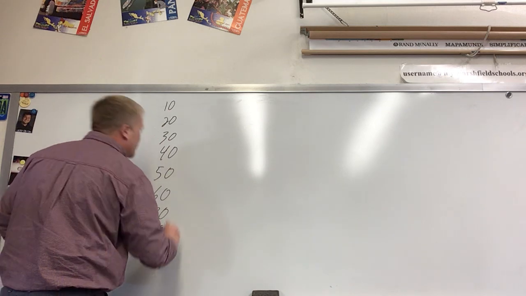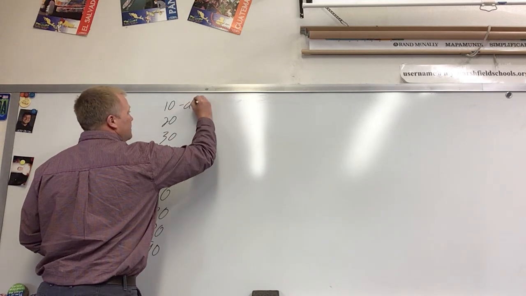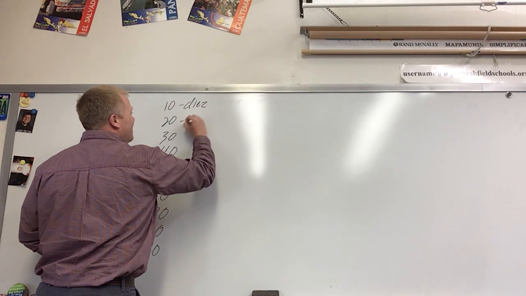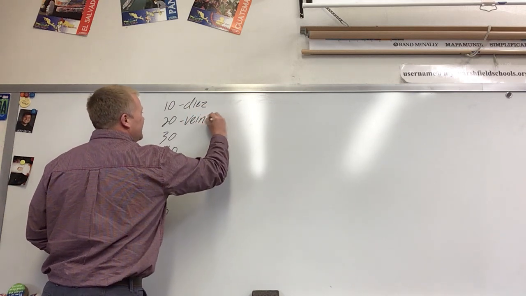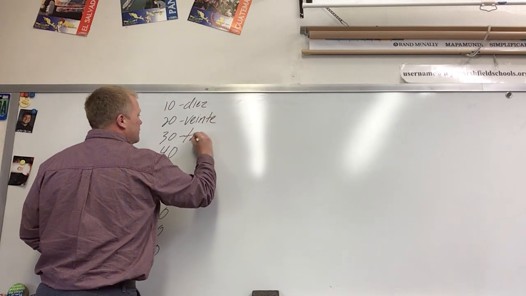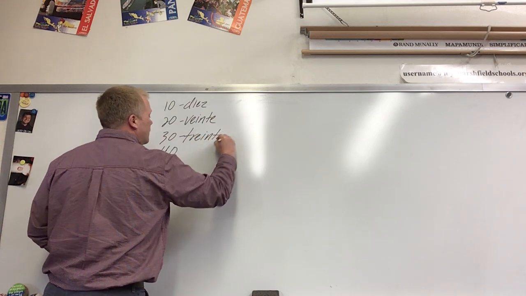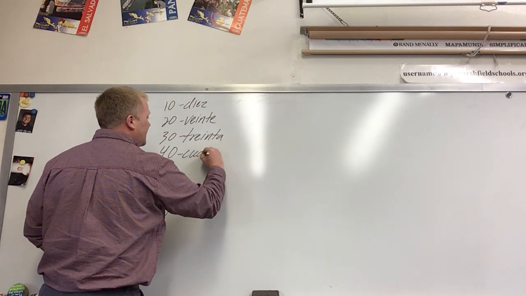So for 10, we have diez, of course, D-I-E-Z, 20, veinte, V-E-I-N-T-E, 30, treinta, 40, cuarenta.